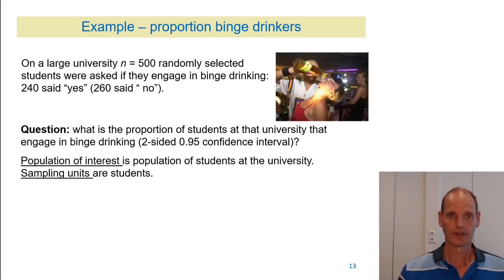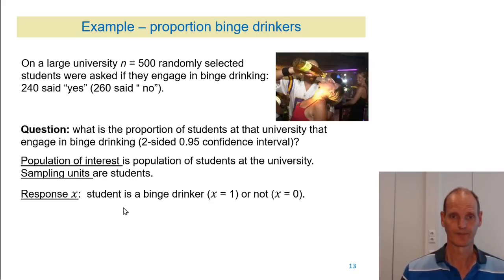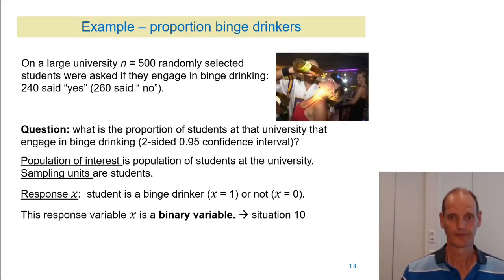Well, we have seen how this works. Let's first look at how the data collection is set up. The population of interest is the population of students at that university, and the sampling units are students from that university. The response X is binary: the student is a binge drinker or not, X is 1, X is 0.